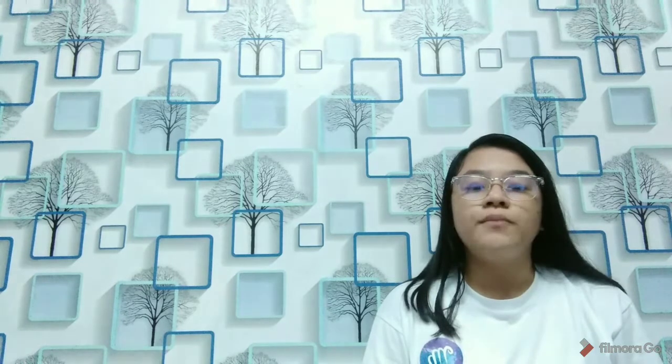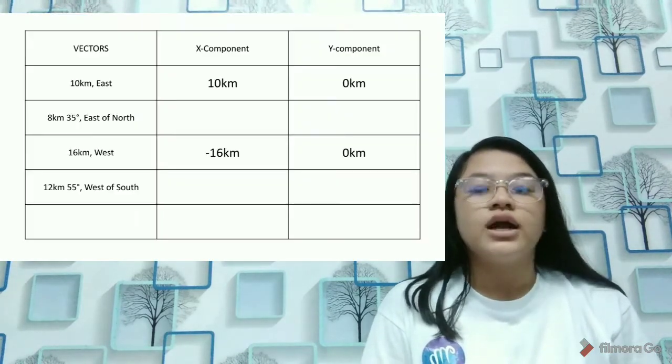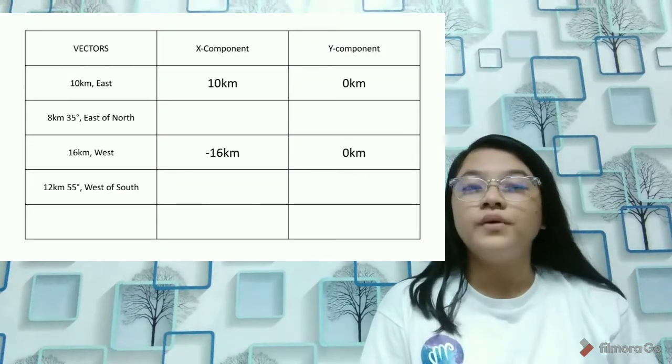Since south and west are negative values, the x component is negative 16 km and 0 km in the y component. And for the second and fourth vectors, we will use the trigonometric sine and cosine functions to find their y and x components.